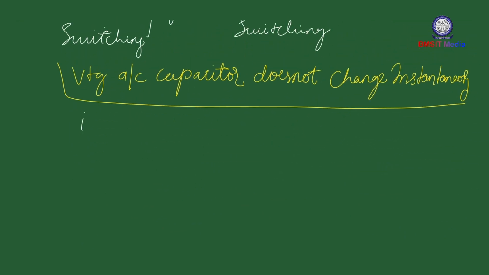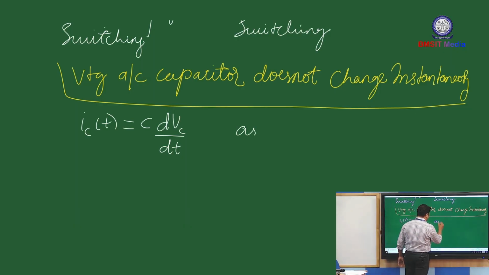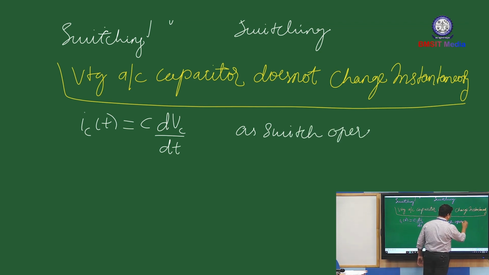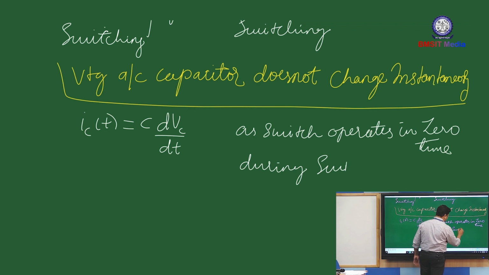Okay, so we will see the same thing here. I have an expression for current. IC of t is equal to C dVc by dt. Now, as the switch operates in 0 time, during switching my dt becomes 0.